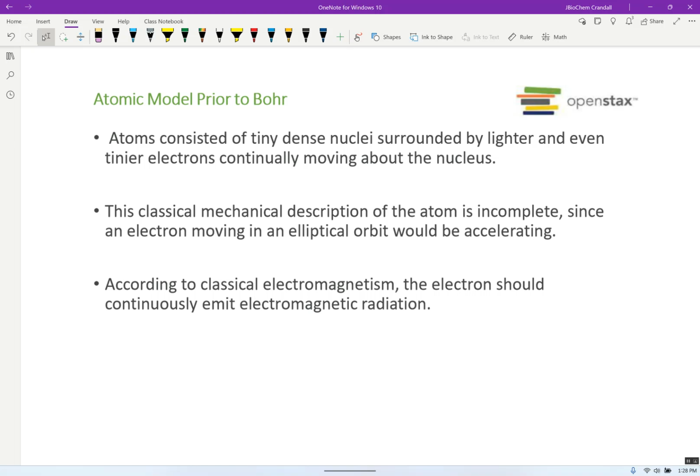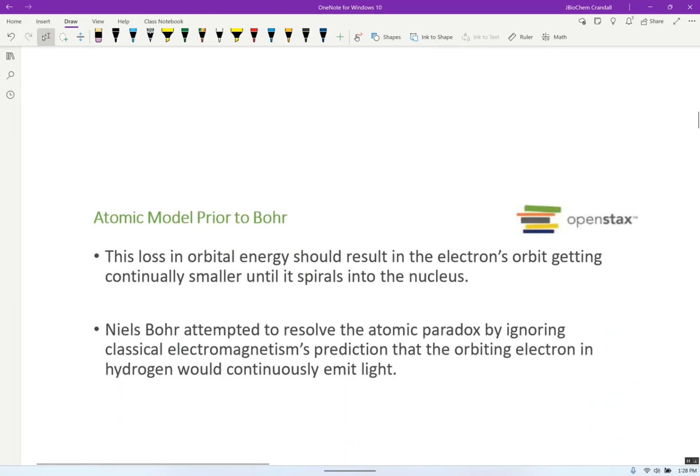So according to classical electromagnetism, the electron should continuously emit electromagnetic radiation. These are some of the concepts and ideas that he's building up to. Not that the classical ideas didn't help us understand these things better, but now we're just adding to those concepts and ideas.